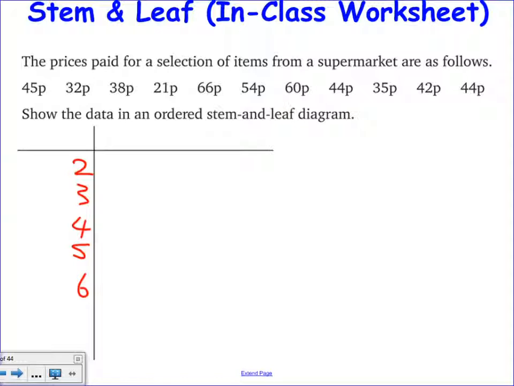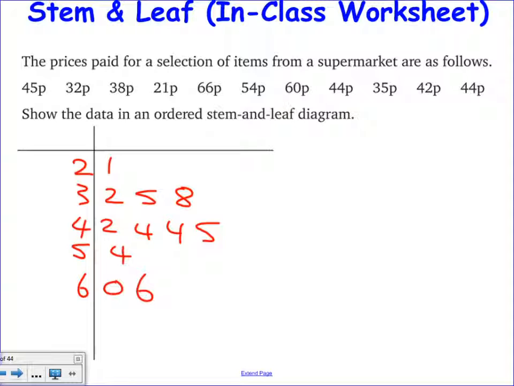So the 20s I've got 21. What have I got for the 30s in order? 32, 35 and 38. The 40s I've got 2, 4, 4, 5, and that's it. 50s, 54. 60s. Good. Happy with that? So you should have that. 66 as well. Oh, sorry, 66 as well.